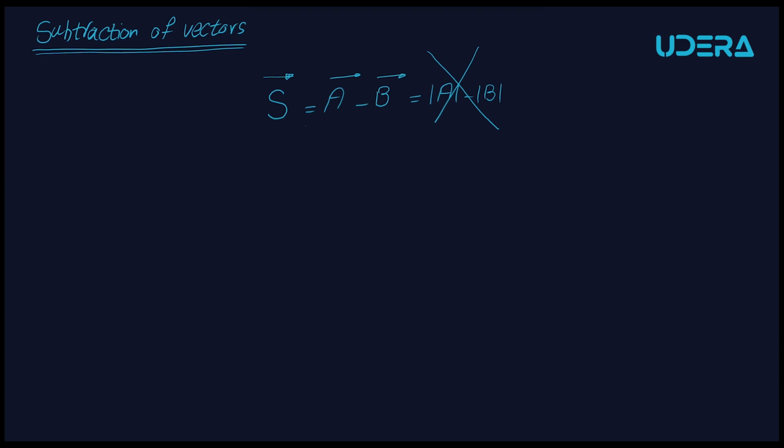So let's consider this expression of A minus B, two vectors A and B. Can I rewrite this expression as the vector A plus the negative of vector B?